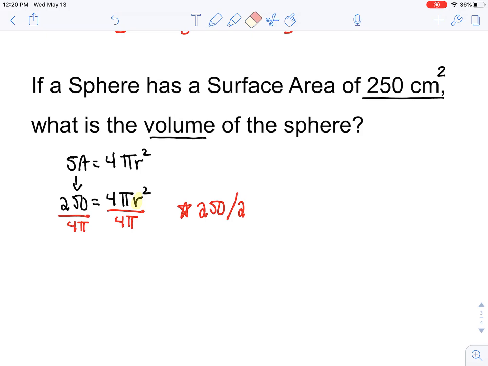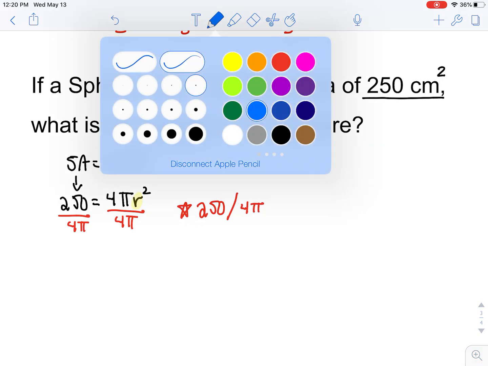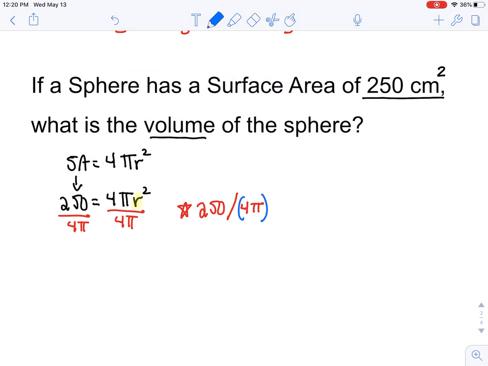And remember what we've talked about before, when you do 250 divided by 4 pi in your calculator, make sure that you put that 4 pi, that denominator, in parentheses. So when I do 250 divided by parentheses 4 pi, I'm going to get about 19.89.